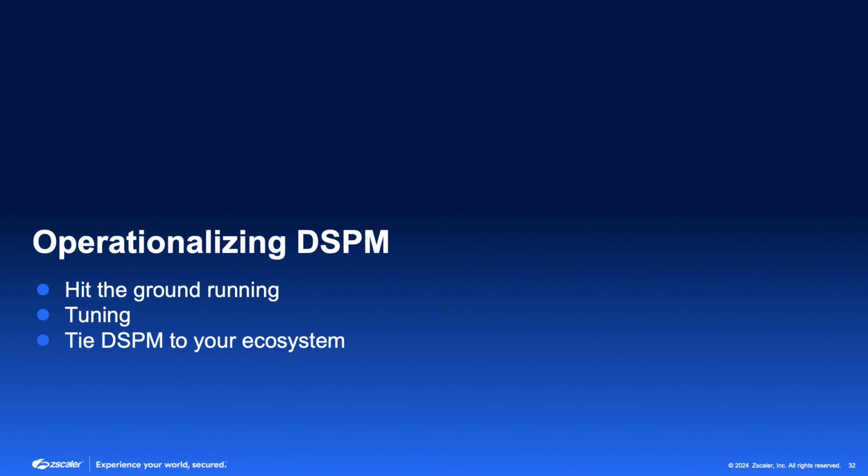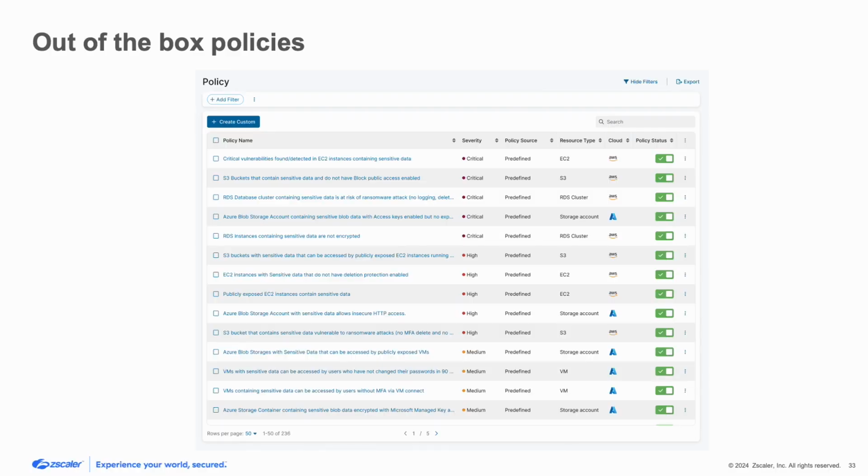Once we completed that part of risk understanding, now we know where our data is, we know what risk it is facing. The next challenge is basically operationalizing all of that, understanding how I can take that and bring that to resolution within the ecosystem that I have in my organization. So first and foremost, in order to do that, you get our list of predefined DSPM posture policies, so data posture policies.